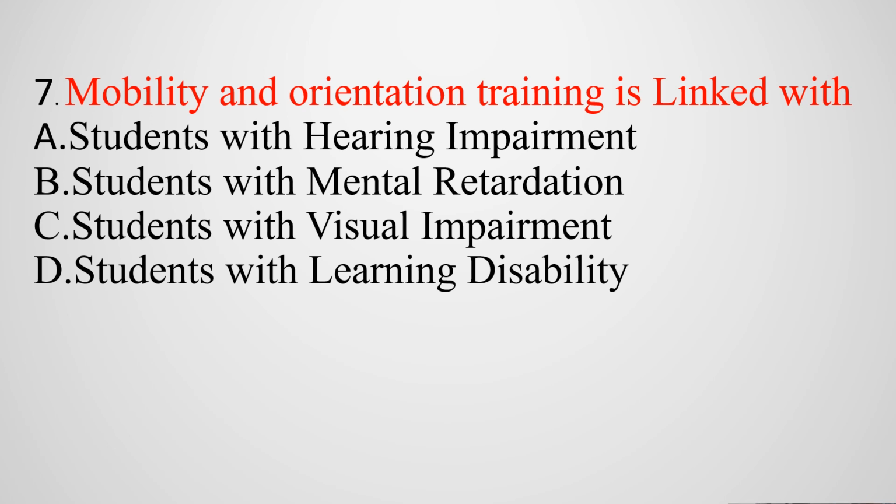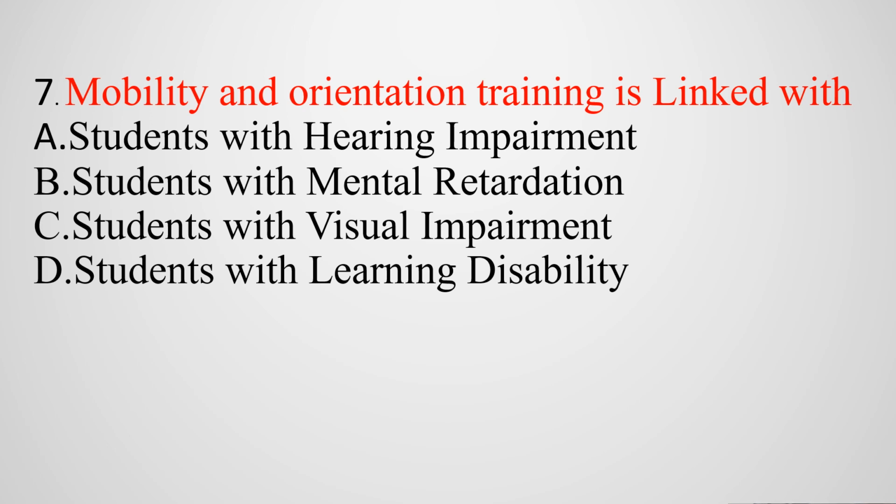Students with mental retardation. So coming to mental retardation, there are four stages: mild, moderate, severe, profound. So those who are under profound usually cannot do any kind of work from their end. Someone has to help them every time.